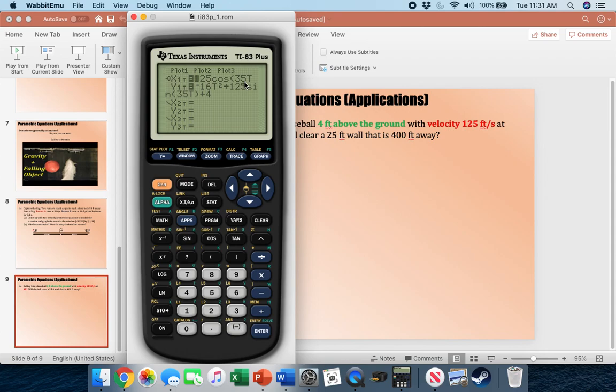Did I have my parentheses wrong here? Oops. Help me figure out what I did. Negative 16t squared plus 125.